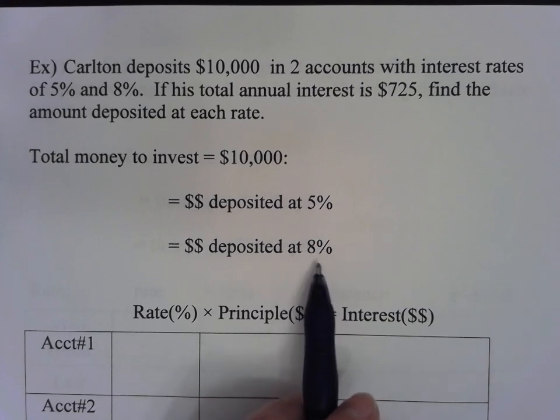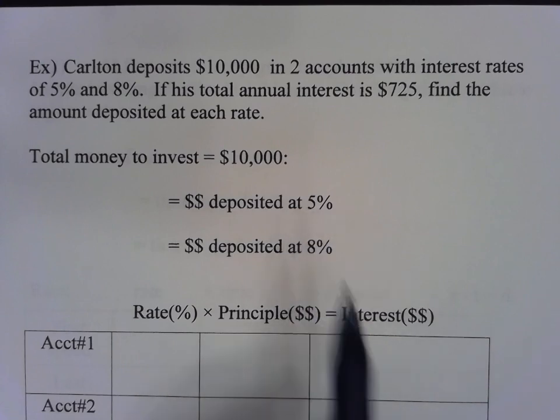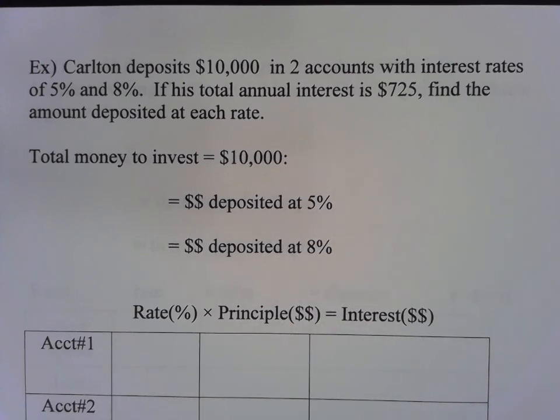Usually the higher percentage is a little bit riskier, so maybe it's a stock that fluctuates up and down more than the 5%.